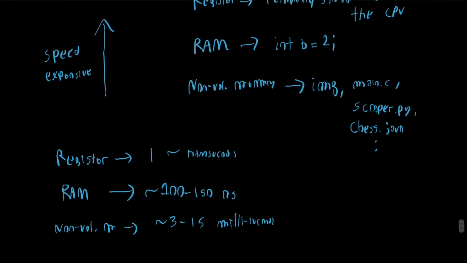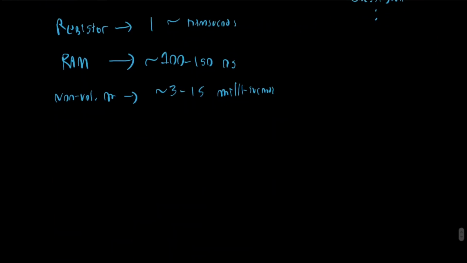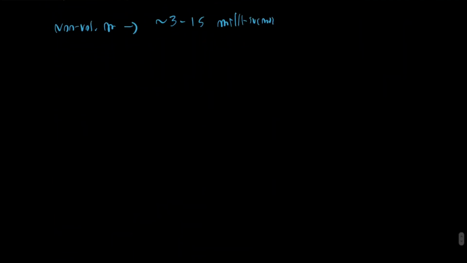And so we can already see how the more speed we have by accessing something, the more expensive it is. And so we are now ready to start talking about the type of architecture that we will focus on in this assembly series, and that is the 64-bit architecture.